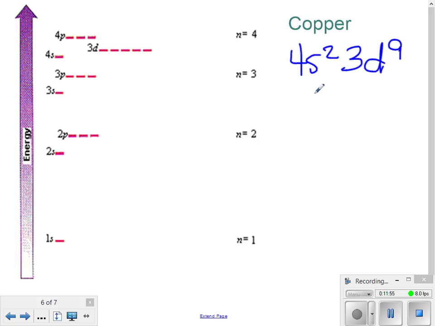Now, just like silver, it's not actually going to be 4s2, 3d9, where we only have 9 electrons here. So that one 4s electron is actually going to drop into the 3d orbitals so that we have the full 3d sublevel and only one electron in the 4s. So it would actually be 4s1 and 3d10.